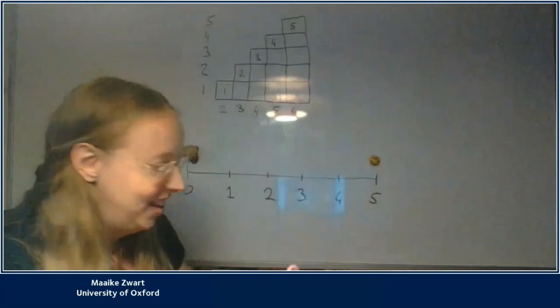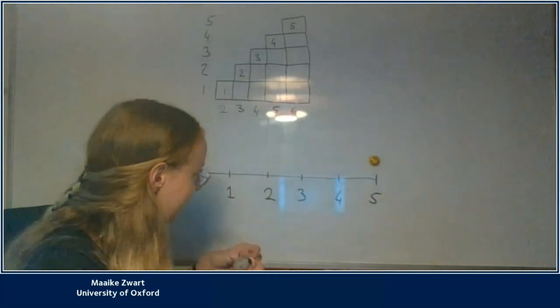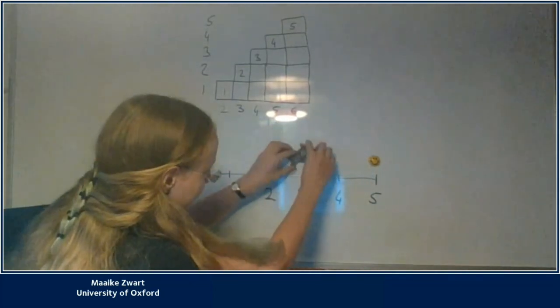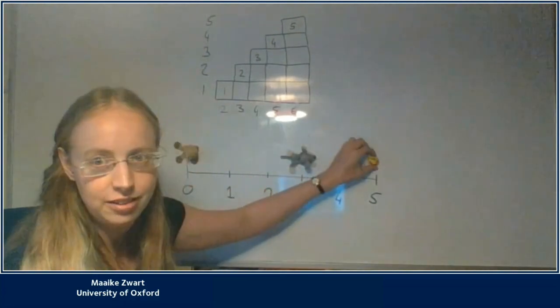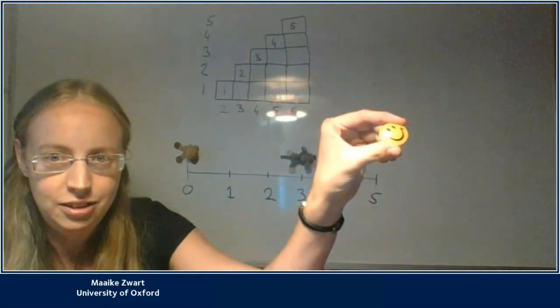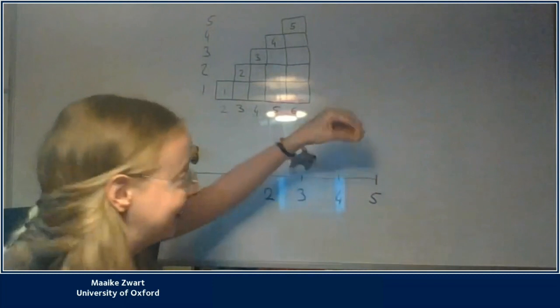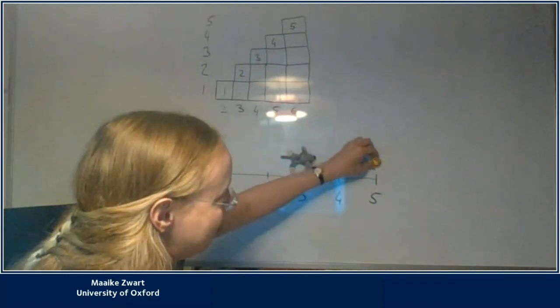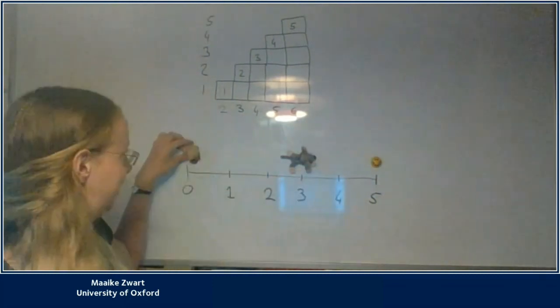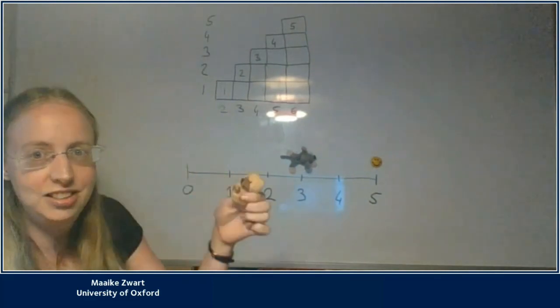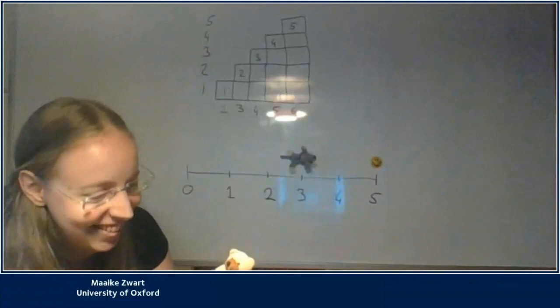On my whiteboard, I'm not sure if you can see this, I have a little mouse. This is the mouse. And he's currently at place 3, right here. And this is the safety home. I didn't have a house magnet. That's at number 5. And here at point 0 is a cat, which is a bear, because I didn't have a cat.